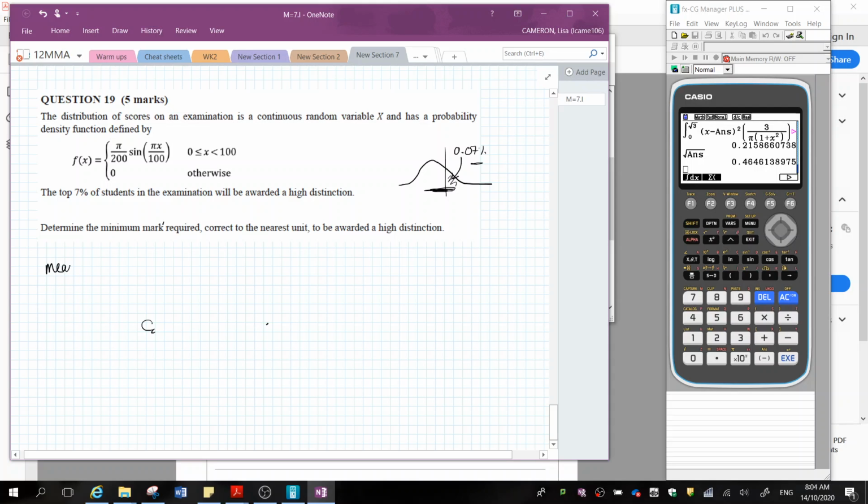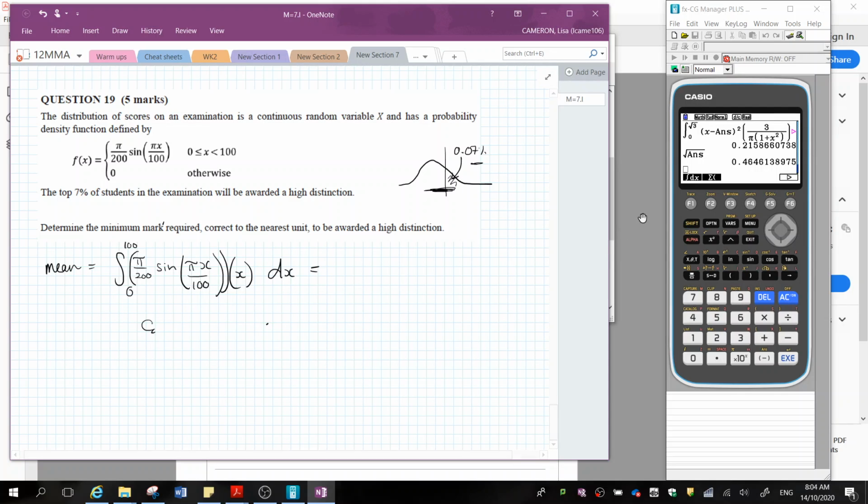To calculate the mean of this continuous random variable function, we're going to be integrating pi over 200 sine bracket pi x over 100 between 100 and 0. We're going to multiply this by x, and we're integrating with respect to x.